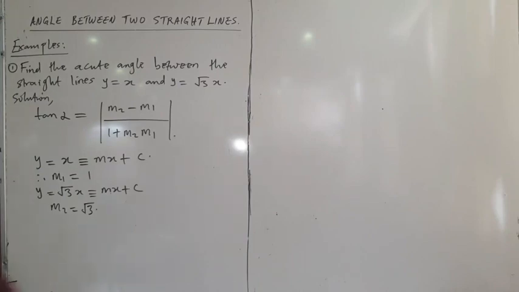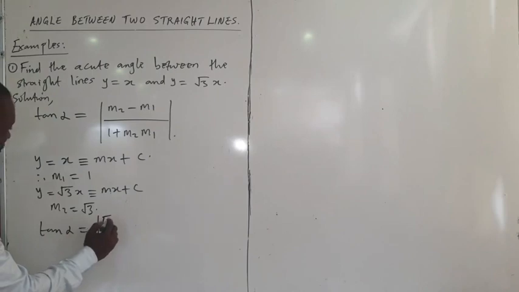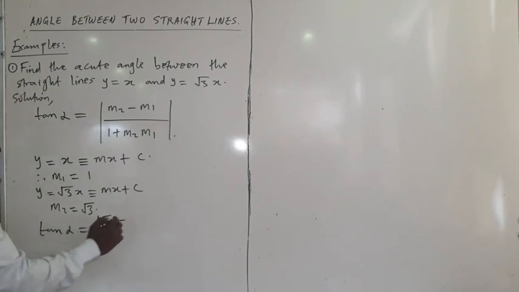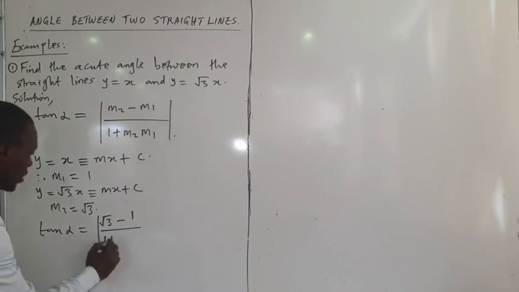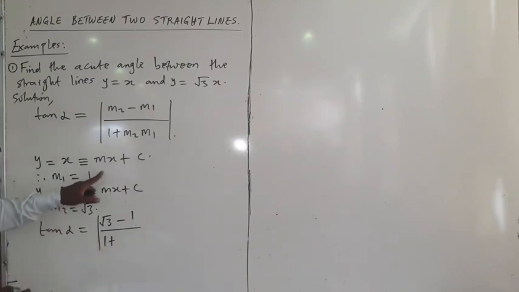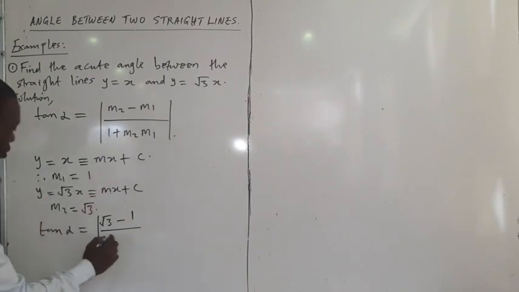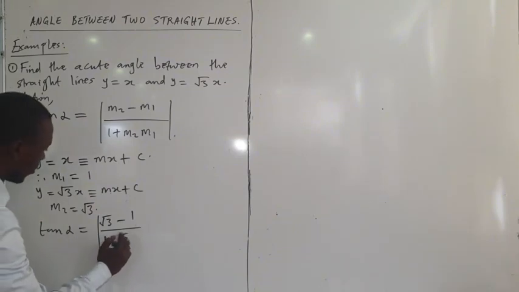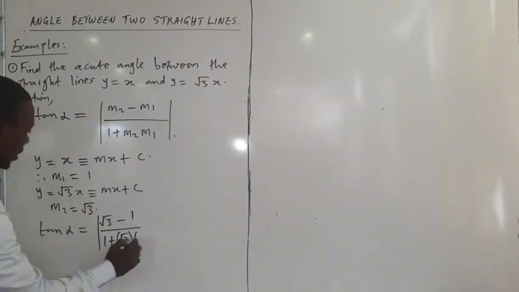Then after this, we now substitute m1, m2 into the equation given. That is tan alpha equals the absolute value of (m2 minus m1) all over (1 plus m2 m1). m2 is root 3, m1 is 1.